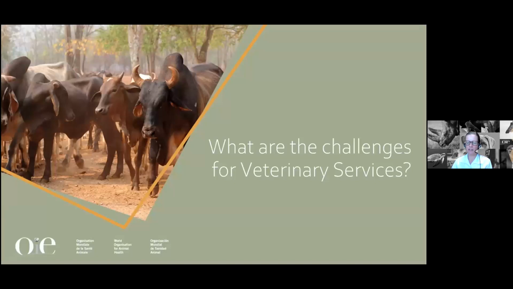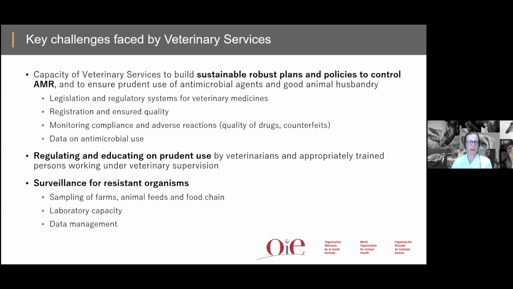So what are the challenges for veterinary services? The first thing we need to consider is the capacity of veterinary services. They need to be able to build sustainable, robust plans and policies to combat AMR, and also to ensure prudent use of antimicrobial agents, and hand in hand with that, good animal husbandry.